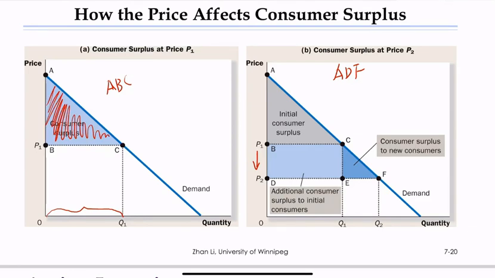And now we can see that these same buyers are still buying Q1, but due to the lower price, right, this is how much consumer surplus they're getting. And in this case, you could see that this rectangle represents the additional consumer surplus to initial buyers.